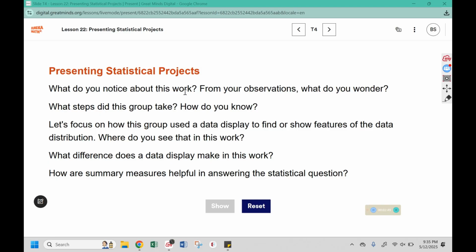What do you notice about their work? What do you wonder? What steps did that group take, and how do you know? How did they display their data? And where do you see that in their work? What difference does the data display make in this work? And how are summary measures helpful in answering their statistical question?